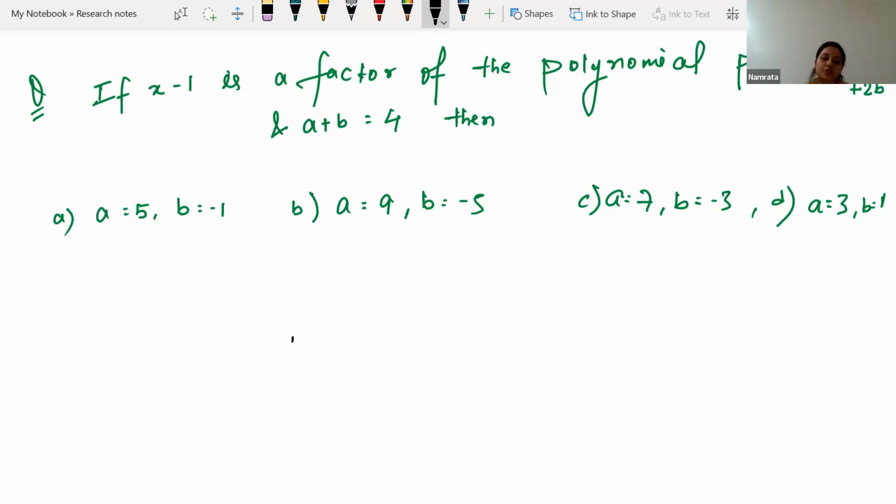Okay, let's substitute 1. 1 cube plus a. Let me know what you are getting after the calculation. Ma'am, it will be equal to 0. Yes, equal to 0 because that is a factor, so the remainder will be 0.